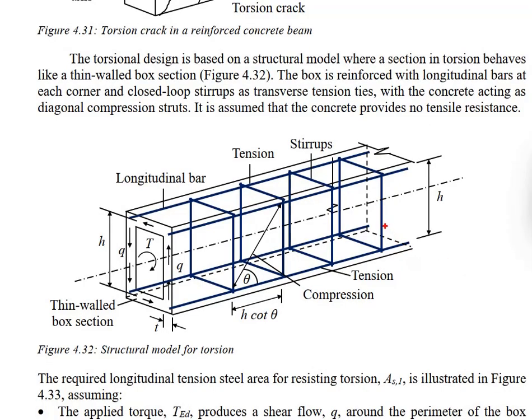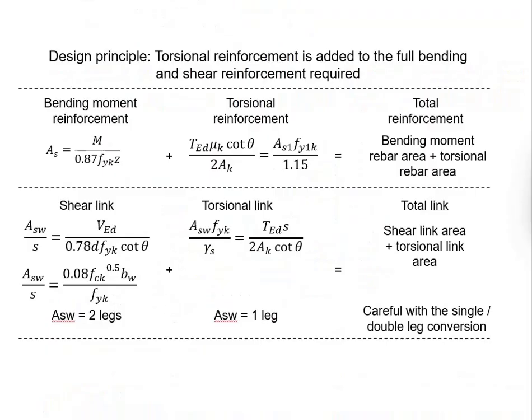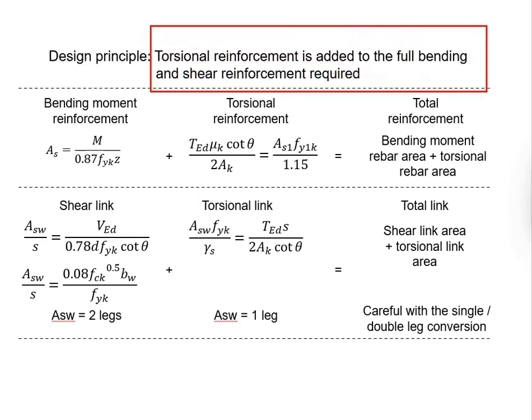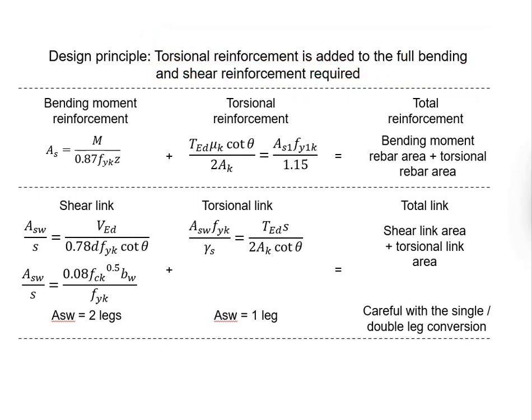Since later in your detailing, your shear link shall be used together with the torsional link, based on the principle that torsional reinforcement is to be added to the full bending and the shear reinforcement required. That means whatever amount of shear link that you have calculated in the shear design, you will need to top up with the areas required for the torsional link.